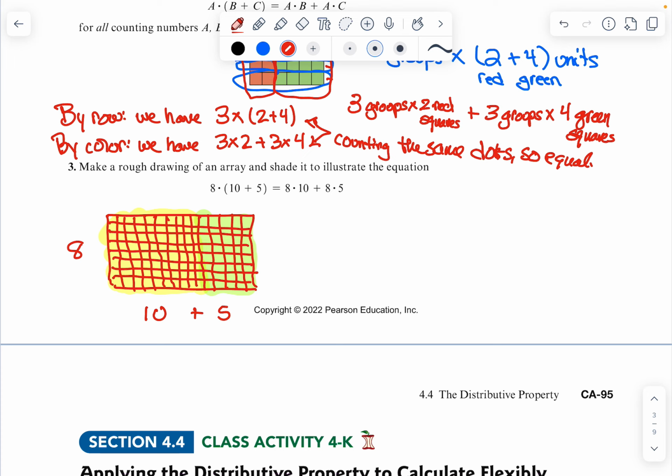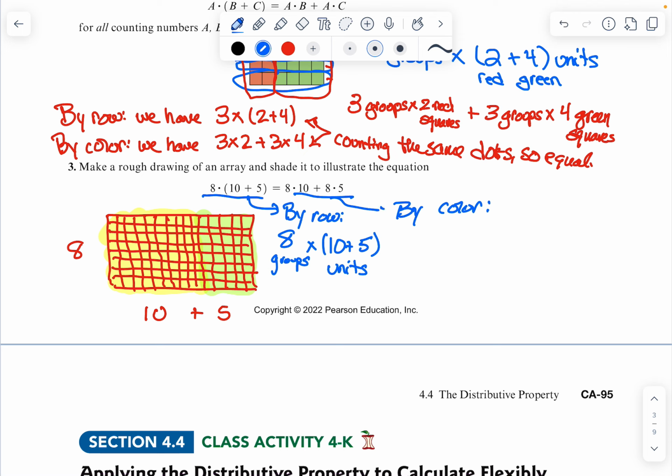So it wants us to think about how this shows 8 times 10 plus 5. And so that's my by row. I have 8 groups times 10 plus 5 units. And then if I go by color, I'm going to get this right-hand side.